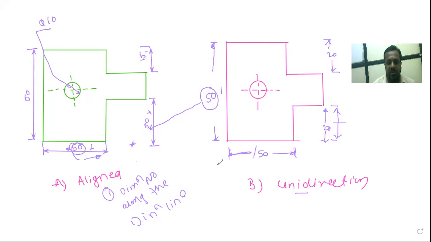Here your dimension line should be broken down, and in between that we have to write down the dimension number, and your dimension number should be vertical. Like this you can observe. See, simple. I have explained both systems. This is the aligned dimension system, and this is the unidirectional dimension system. So, clear? Yes.